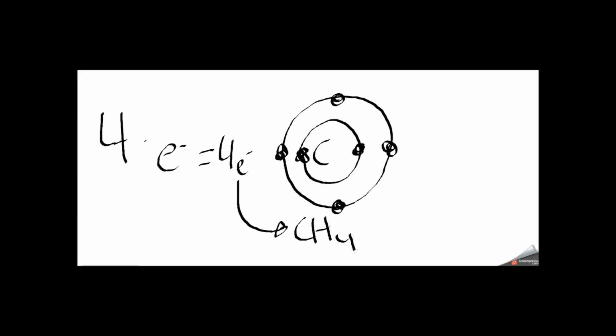Now, the type of bond that I just mentioned is a covalent bond, without really even naming it. How can we tell if a bond between 2 atoms is covalent? Well, you can think of covalent as mutual. The electrons between atoms are being shared. So let's use the example of methane gas again. So we have carbon here, and now we're just going to draw out the outermost shell for this.